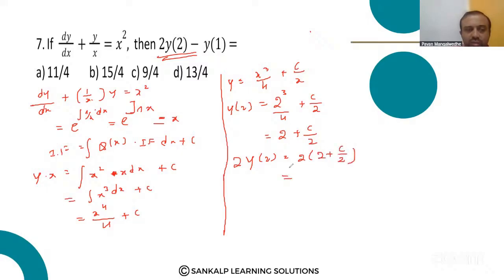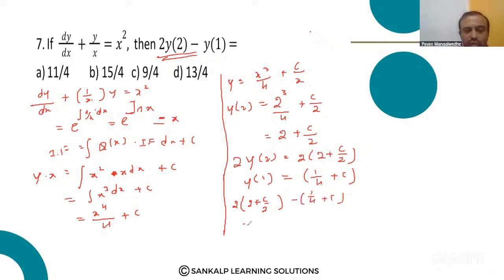Then y of 1 will become 1 by 4 plus c. So 2 into y of 2 minus y of 1 can be written as 2 into 2 plus c by 2 minus 1 by 4 plus c.